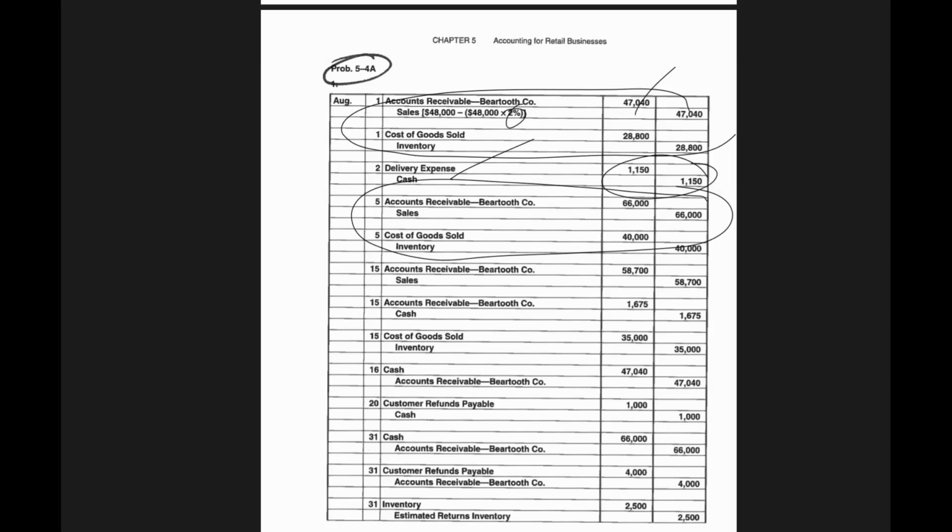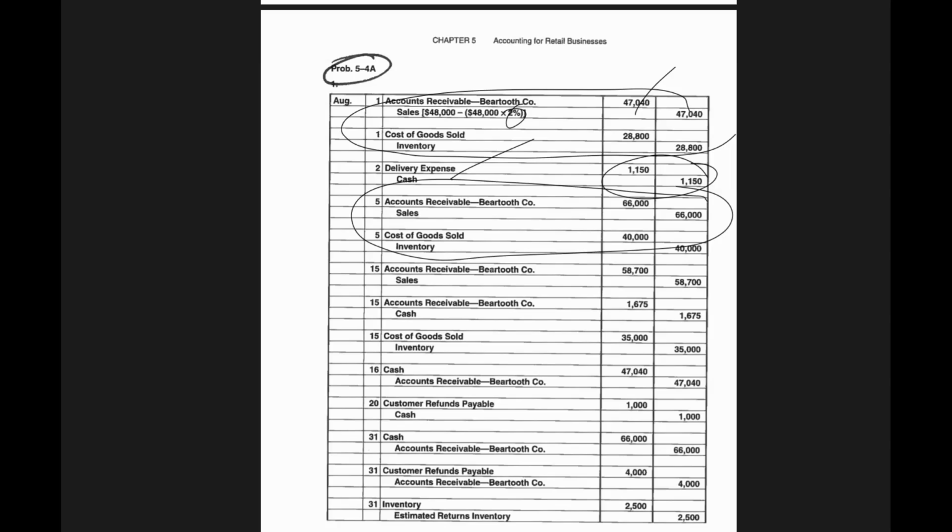On the 15th, Summit Company sold merchandise on account, $58,700, FOB shipping point, net $45,000. Summit paid freight of $16.75, which was added to the invoice, and the cost of goods sold was $35,000. So $58,700 was the sales. There was no discount.